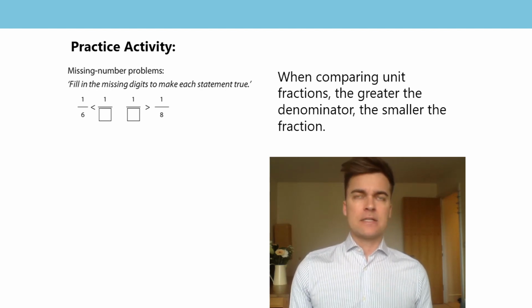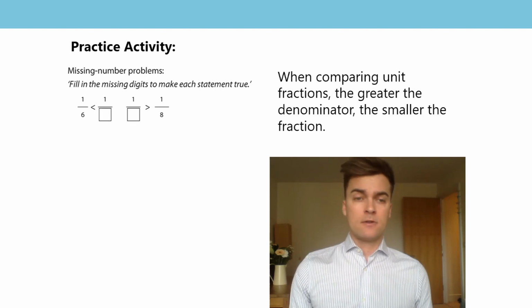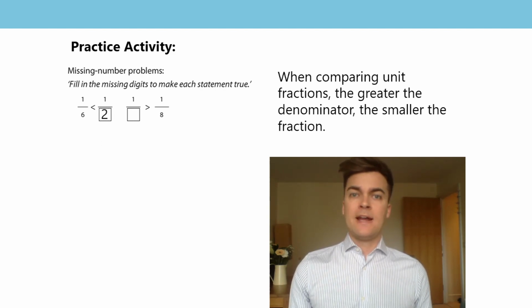It couldn't be 1/7 because 1/7 is smaller than 1/6. So the denominator has to be 5, 4, 3, or 2. Any of those as your denominator would be correct.